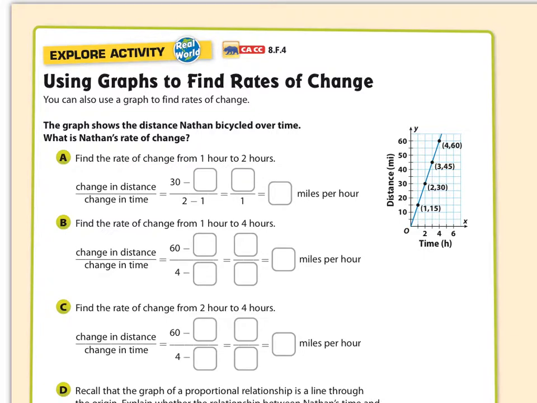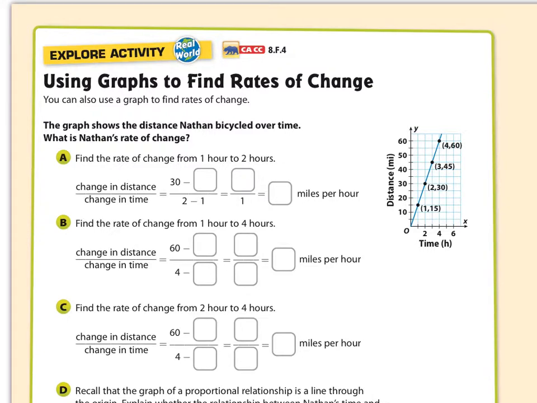So if you see these points, (1, 15), (2, 30), (3, 45), and (4, 60), the 1, 2, 3, and 4 x values are the time in hours, and the 15, 30, 45, and 60 is our distance in miles. So the way we're finding rate of change is how much the distance changes divided by how much the time changes, right? It's the change in y over the change in x.